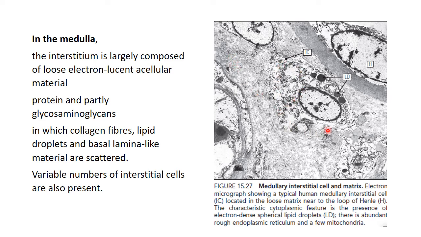The interstitial cells in the medulla resemble myofibroblasts more, in that they have actin filaments in their cytoplasm, and they also have the most characteristic lipid droplets, other cytoplasmic organelles, and few mitochondria in their cytoplasm.